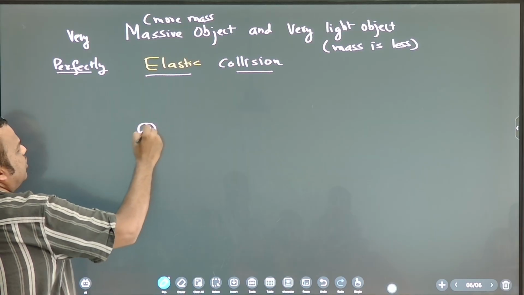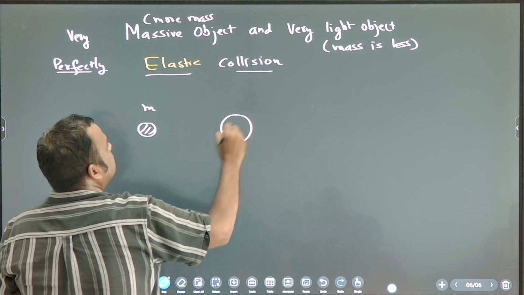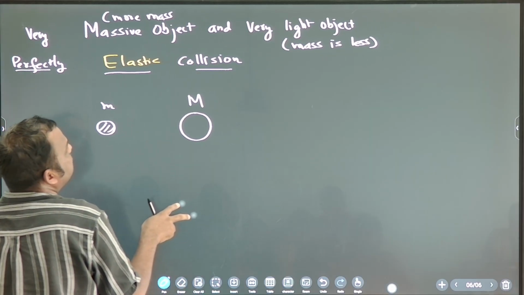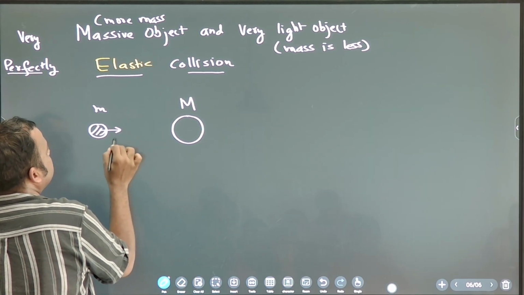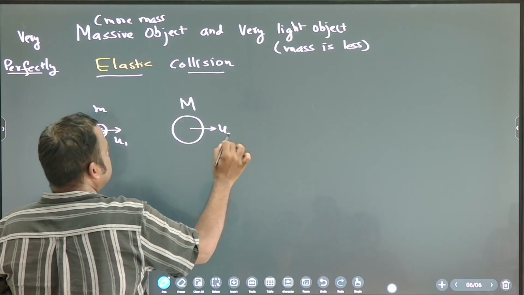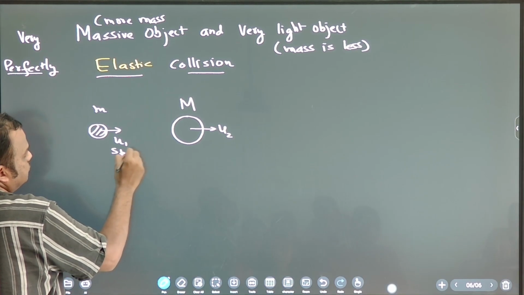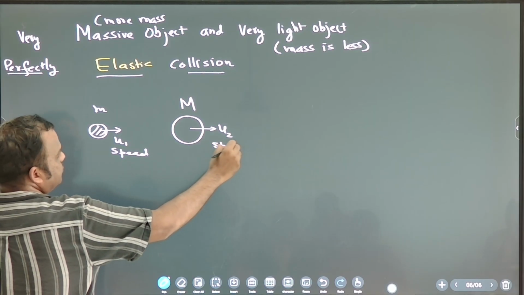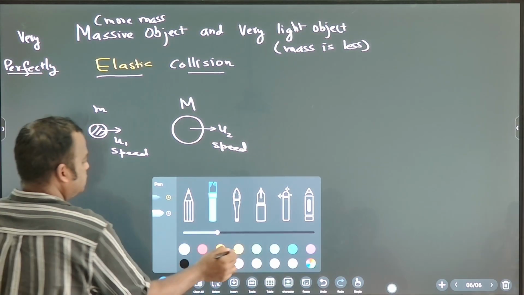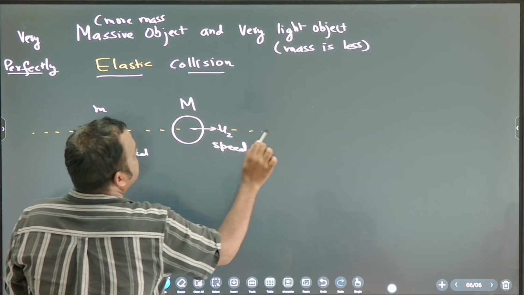Suppose this object has mass small m, and this object has mass capital M. The small m is moving with velocity u1, and capital M is moving with velocity u2, to the right side. It is a head-on collision.